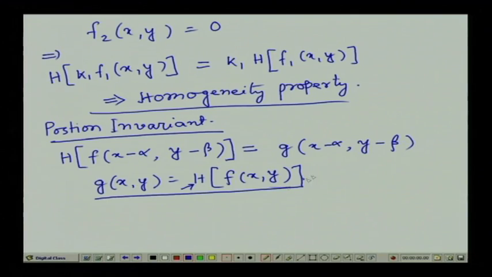This position invariant property simply says that the response of H at any point in the image should solely depend upon the value of the pixel at that particular point, and the response will not depend upon the position of the point in the image, and that is what is given by this particular expression, that is H[f(x minus alpha, y minus beta)] equal to g(x minus alpha, y minus beta).